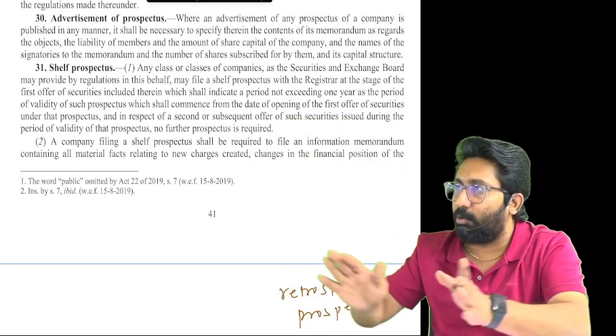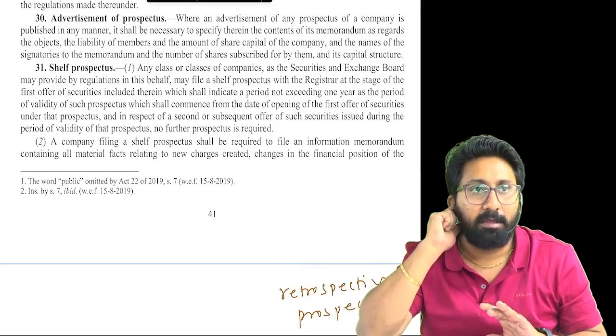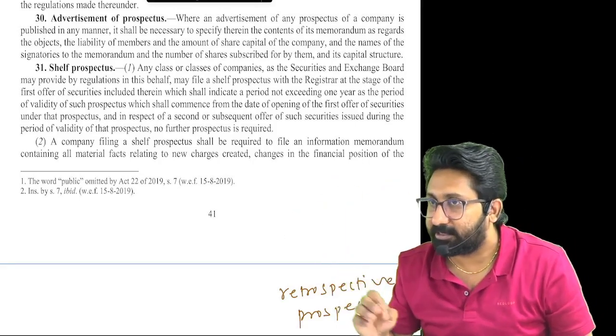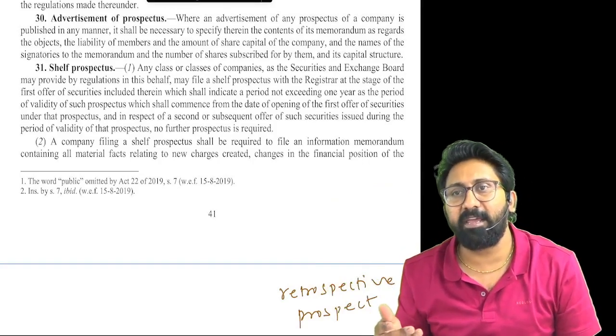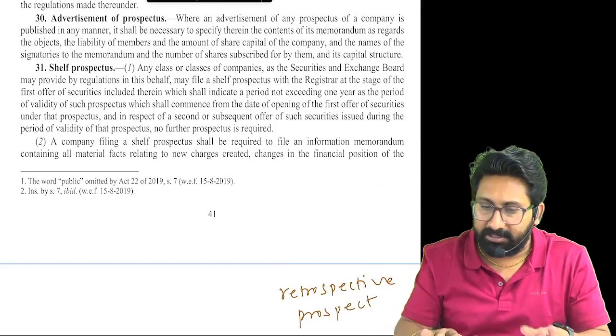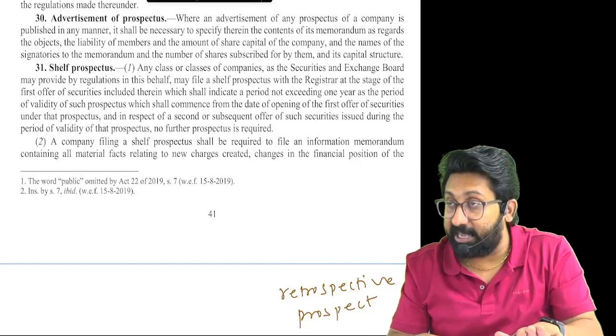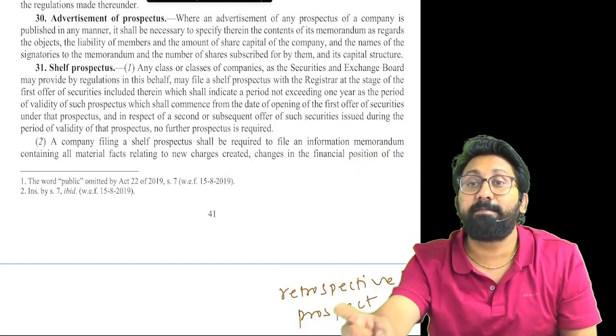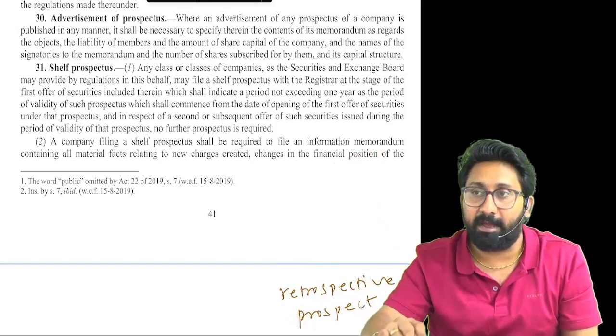For all the 4 projects, I want to go for different public offers. In the same 1 year time, I am going for how many public offers? 4.